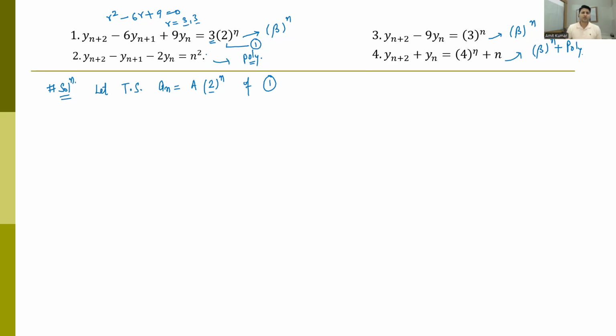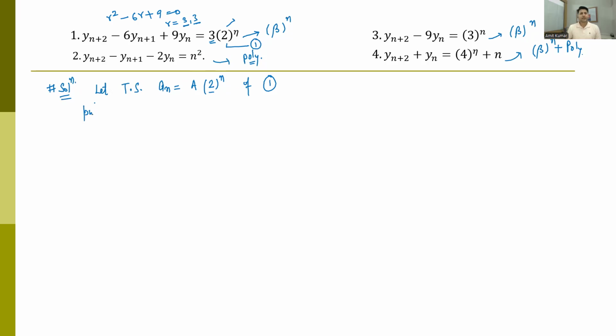So beta is not a root of this equation. Suppose in place of 2, beta was 3, given as 3 power n. In that case, 3 is a root of the equation, so the trial solution would need modification by multiplying by n square. But here beta is not in the homogeneous solution, so no need to worry. This is your final trial solution.